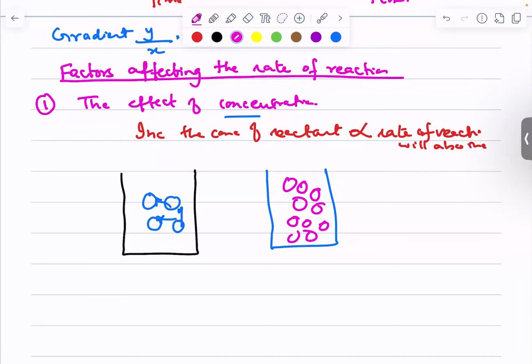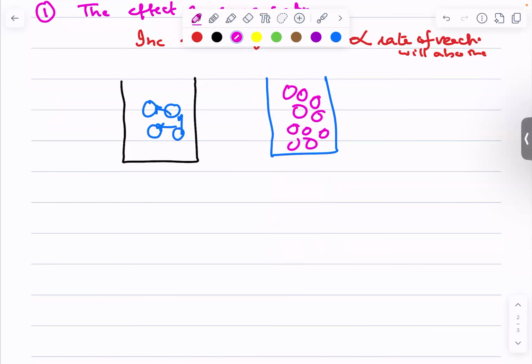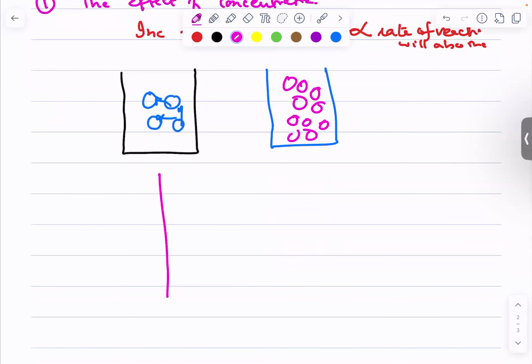All right, good. For example, let's suppose I draw a graph, giving you an example from this. Right, like this.